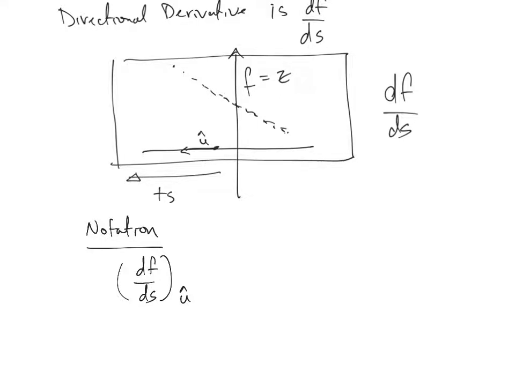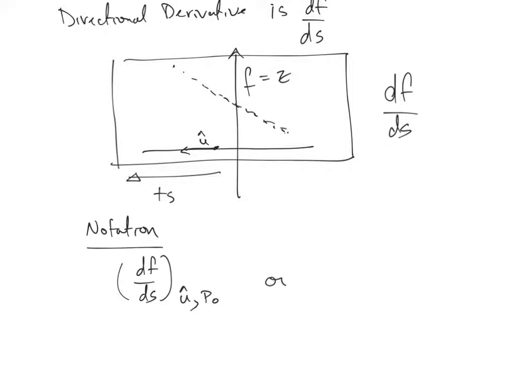I indicate which direction by this unit vector u hat at a point p0. Okay? Because I can calculate the directional derivative at any point and in any direction. So I've got to specify the direction and the point I'm calculating it at. So that's one of the notations we use.